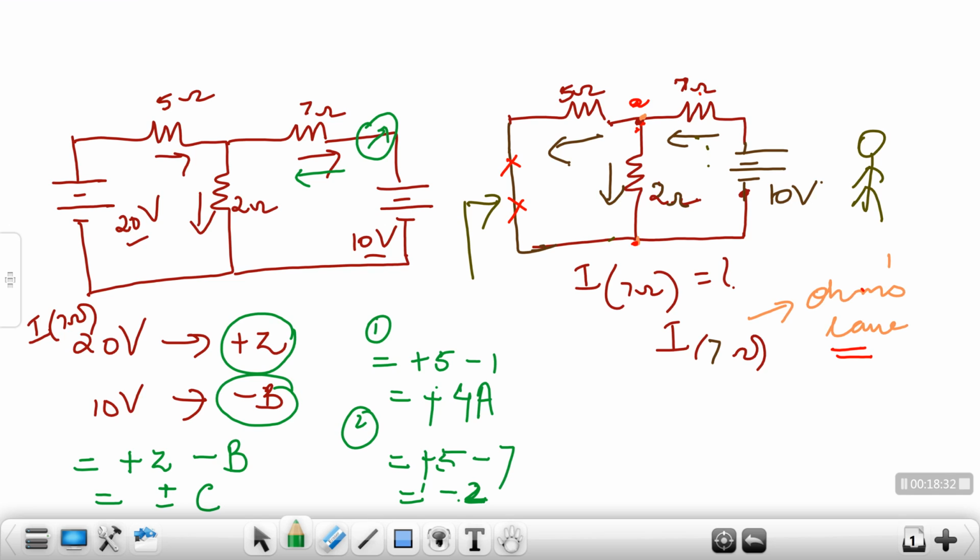When you are given more than one source present in the circuit and you want to find the current in a particular resistor, the procedure is: you find the current in that resistor with each energy source acting alone, get the magnitude of currents, and finally do the algebraic sum of the individual source currents. The answer you get will give you the final value of current flowing in that same resistor when all the sources are acting simultaneously.